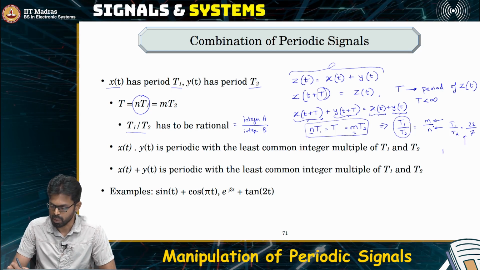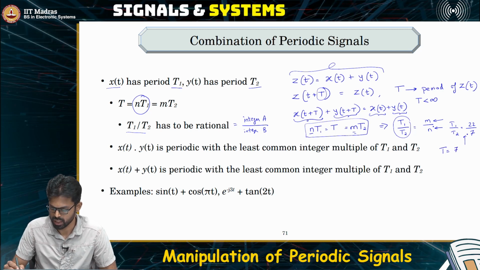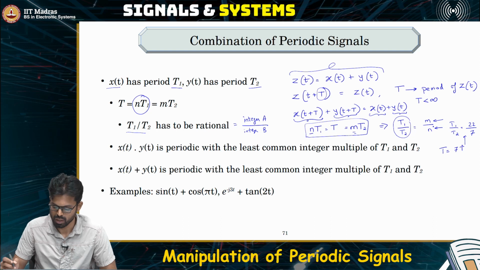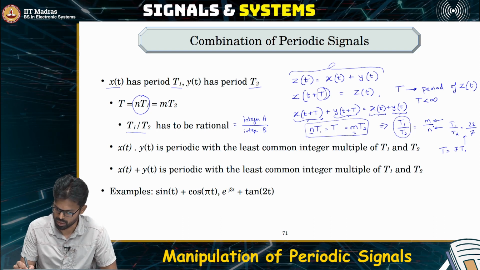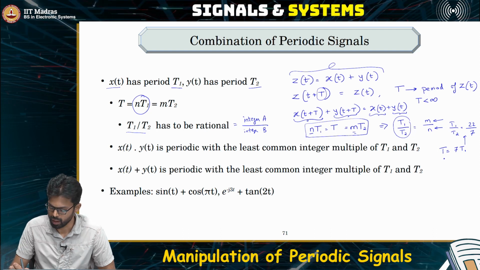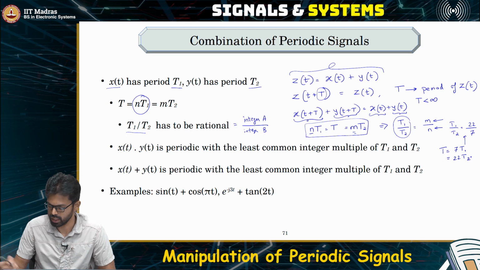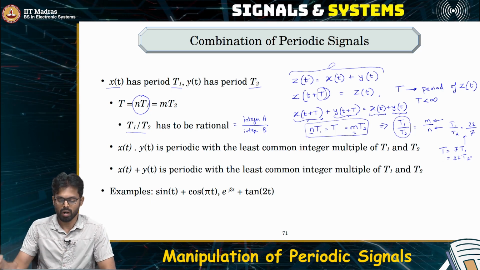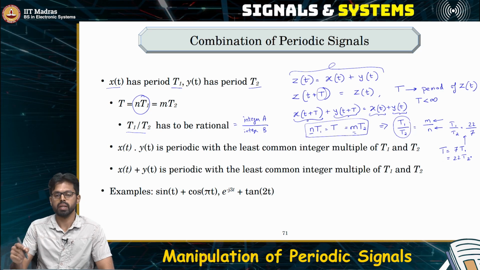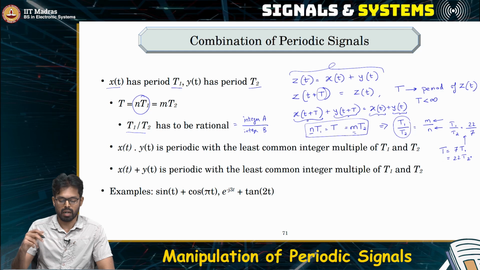The capital T is equal to 7 times T1, which is also equal to 22 times T2. So you can find the time period in this fashion as long as the ratio is rational.